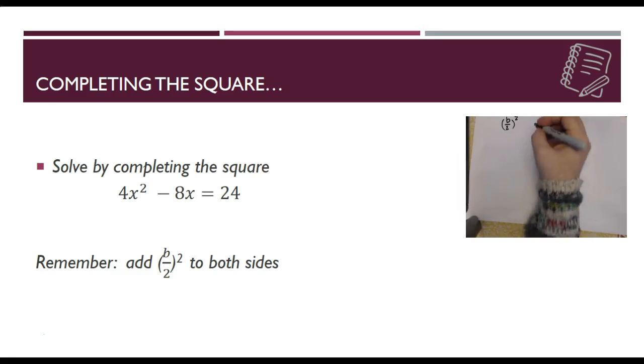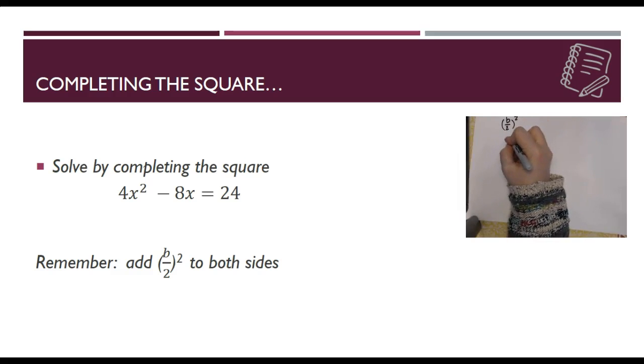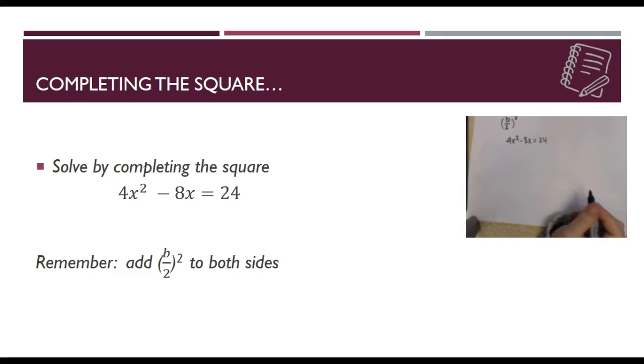So when we're looking at this first equation here, you'll notice it's 4x squared minus 8x equals 24. We should take note that the trinomial is not easily factorable, and so we want to come up with a better way of solving it than we normally would.